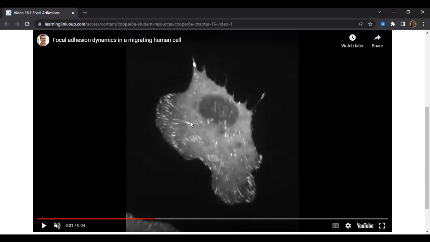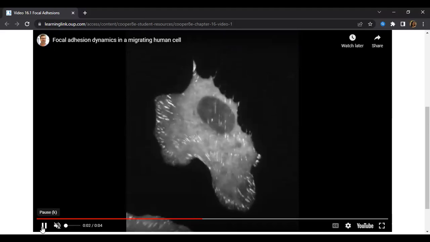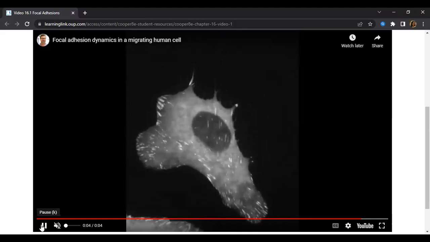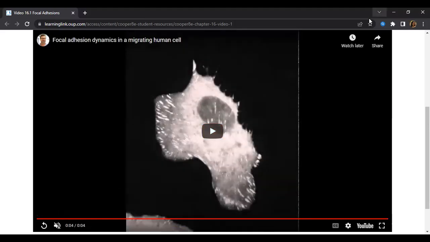So these white color things which you see as spikes are the new focal adhesions forming, and then they get broken, because when a cell is moving, it is forming a new focal adhesion here, and at the back it retracts. So there the focal adhesions are being broken. Got it? Yes, ma'am. Okay.